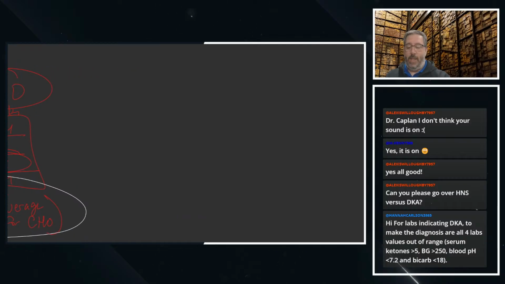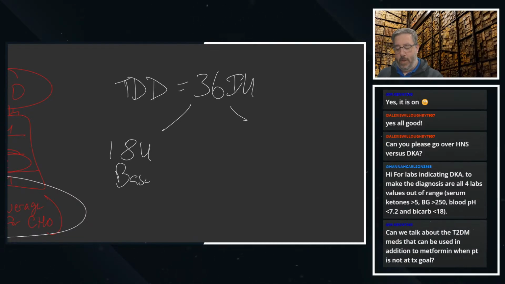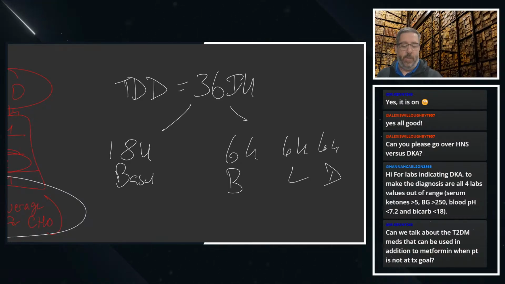When we did in class, the total daily dose was 36 international units per day, and we know they have to take 18 units for basal, and then 6 units, 6 units, and 6 units for breakfast, lunch, and dinner.